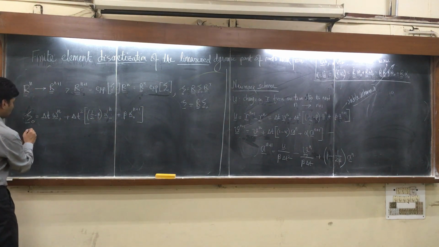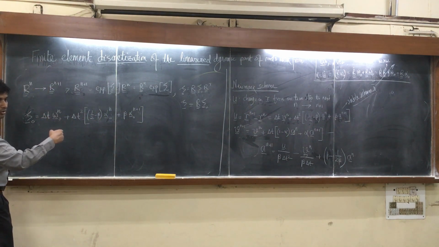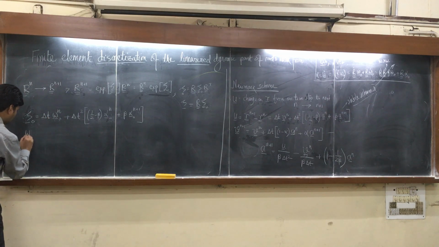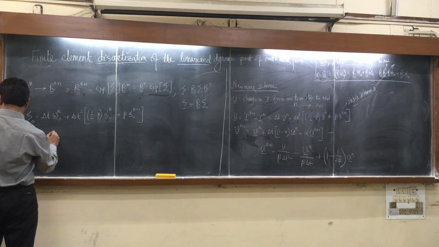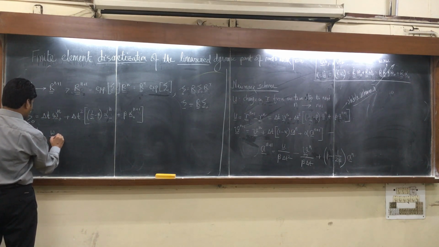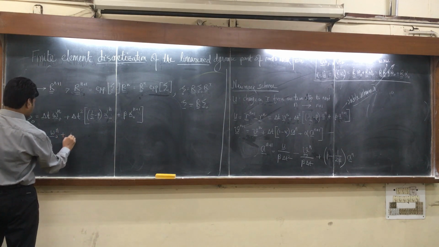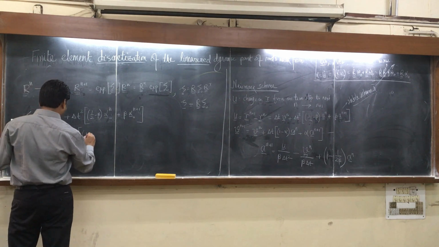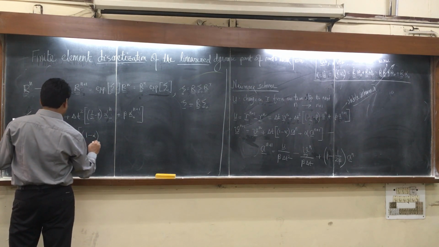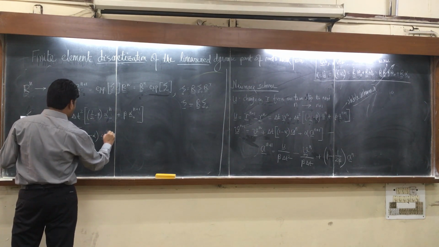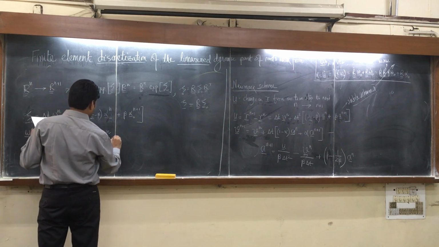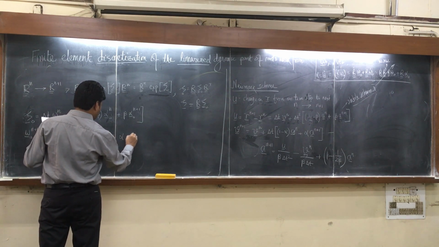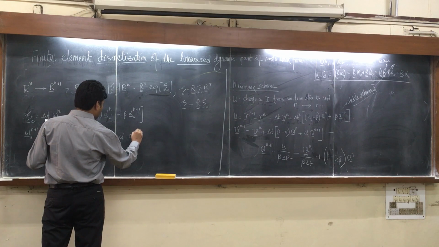And similarly, you can think of the increment in angular velocity. So omega naught at n plus 1 is going to be equal to omega naught at n plus delta t into (1 minus alpha) times alpha naught of n plus alpha times alpha naught of n plus 1.